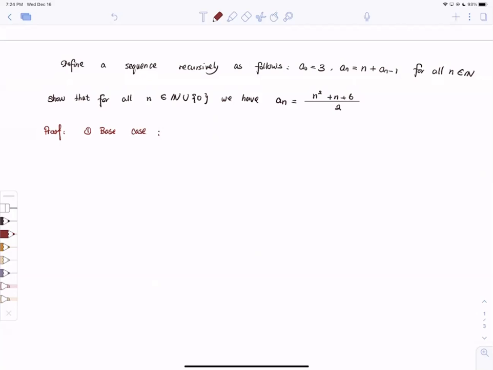Zero. Okay, so when n equals 0, we have a_0 equals 3. Okay, let's write the left hand side.